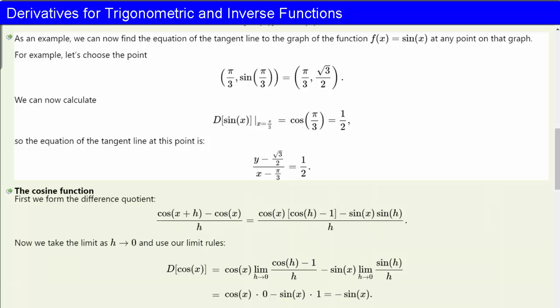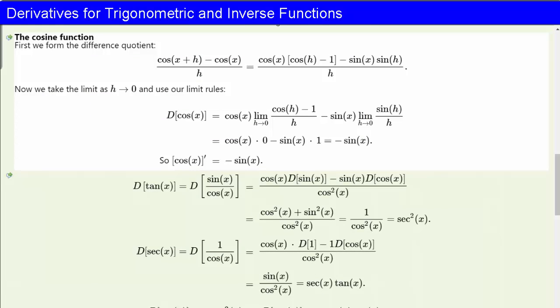So we're talking about the point pi over 3, root 3 over 2. You can then calculate immediately that the derivative of sine x at that point is the cosine of pi over 3, which is a half. So the equation of the tangent line at this point is immediate: y minus root 3 over 2, divided by x minus pi over 3, equals the slope, 1/2.